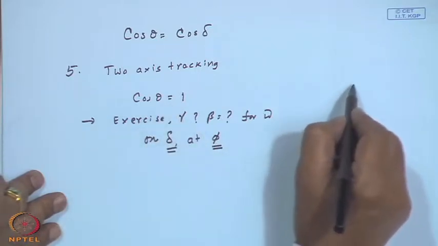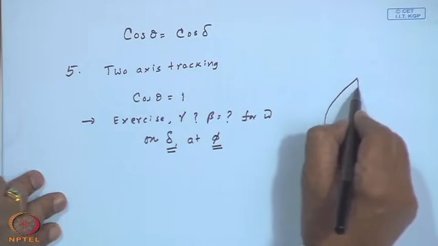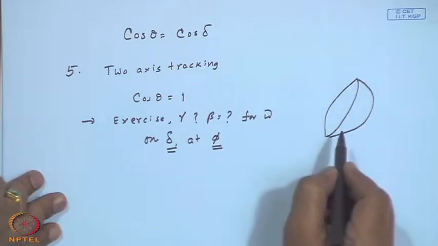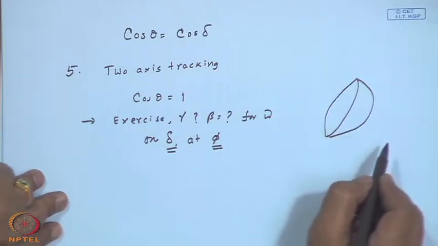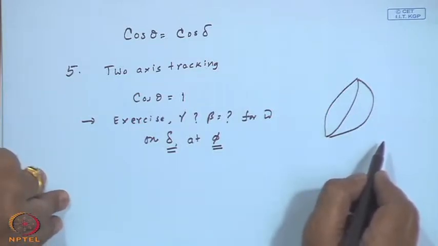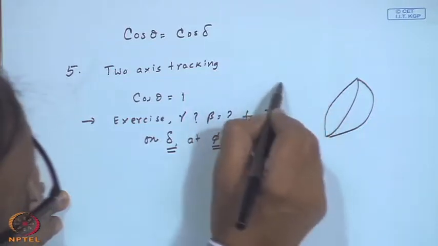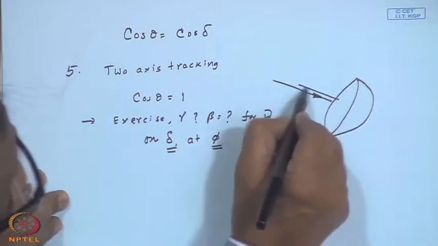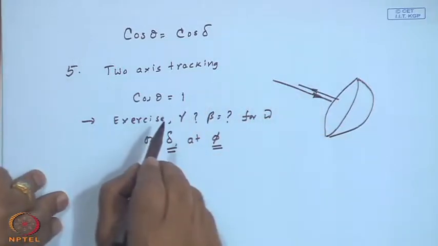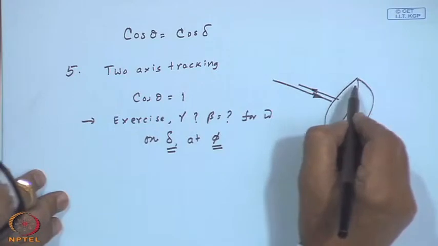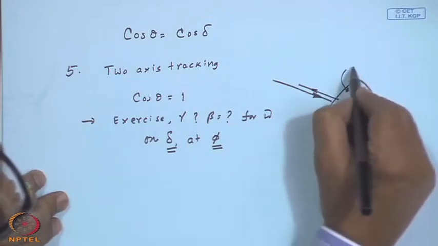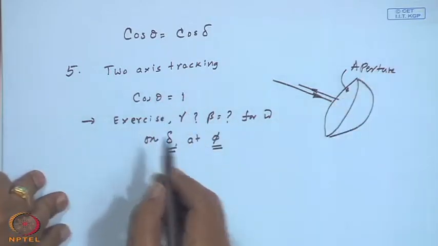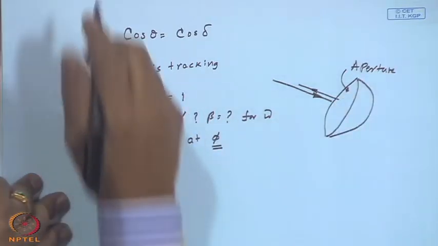In other words, if you are having, let us say, a paraboloid dish, it will be moving from east to west. In so doing, the north south axis will be at different tilts. Always the sun's rays are parallel to the outer normal to the aperture plane, which may be called the aperture. So, cos theta is equal to 1.